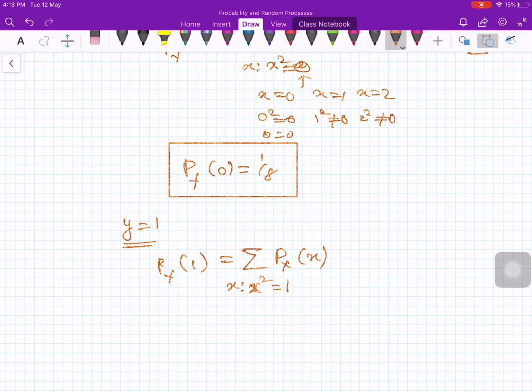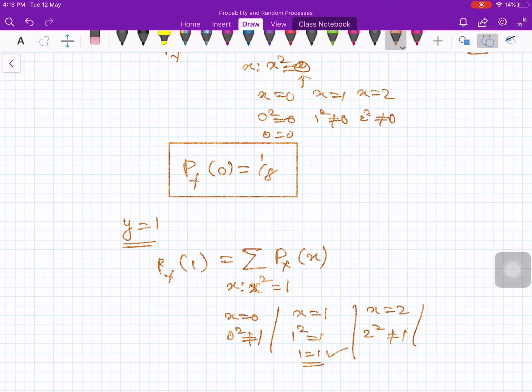In this case, substitute x equal to 0, then 0 squared is not equal to 1, leave it. Substitute x equal to 1, then 1 squared equals 1, yes, therefore it satisfies. Then x equal to 2, 2 squared is not equal to 1, therefore leave it, and so on.